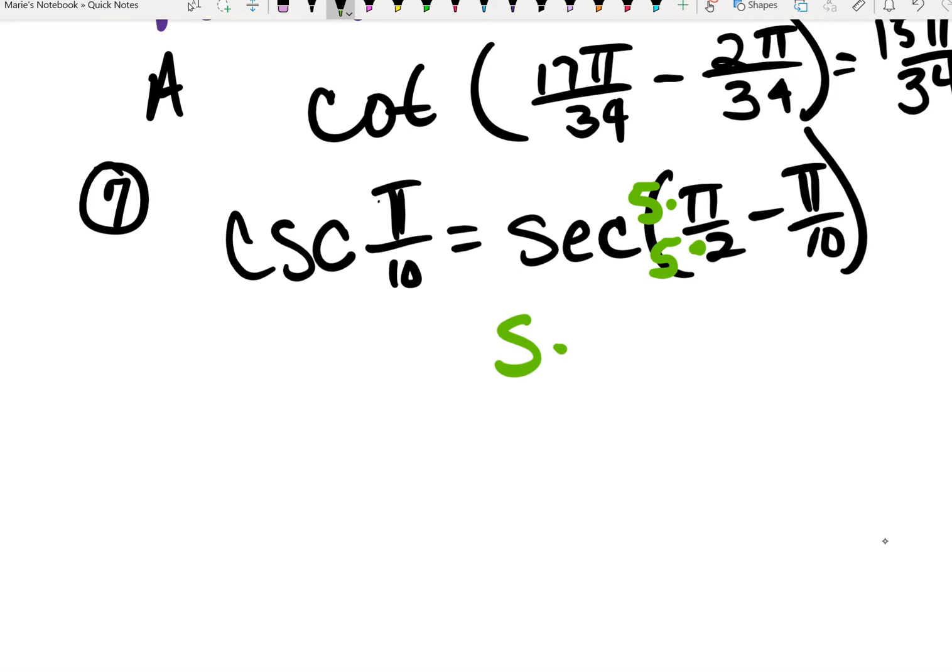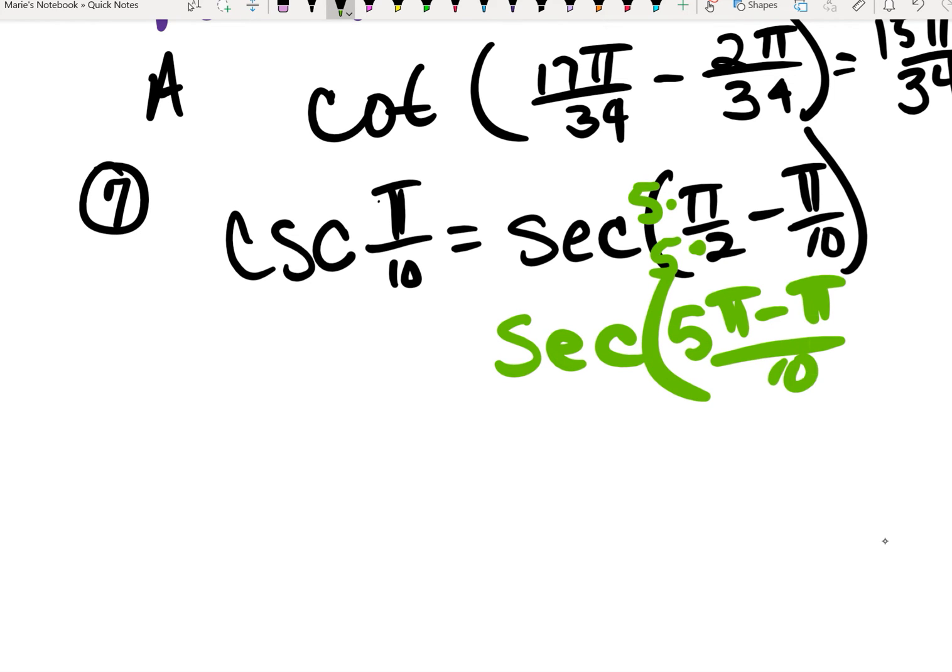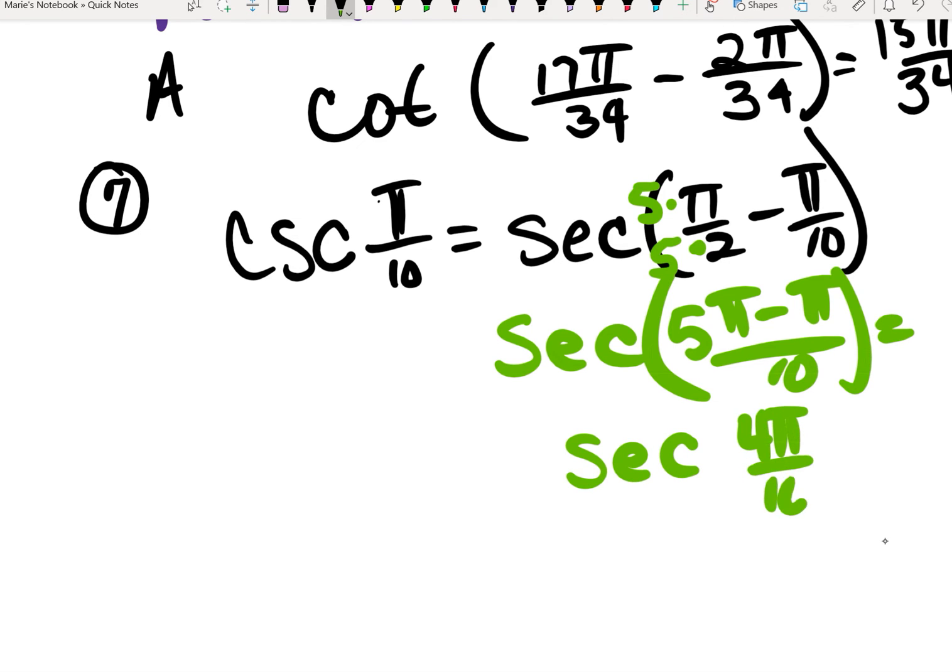So you end up with secant of 5 pi minus pi over 10, which results in secant of 4 pi over 10, which is the same as secant of 2 pi over 5. So number 7 should have been answer choice B.